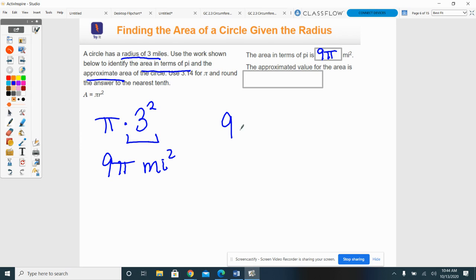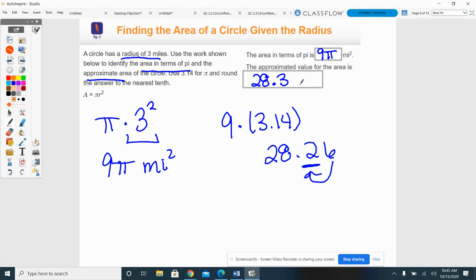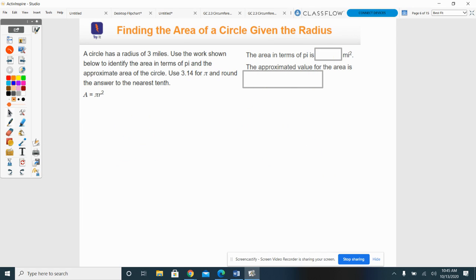To get the approximate, you'll take the 9 times the 3.14. My calculator tells me that's 28.26, but this 2 is where I want it to end, so the 6 will turn that 2 into a 3, and that'll be 28.3 miles squared. Okay, so this is the exact and that is the approximate.